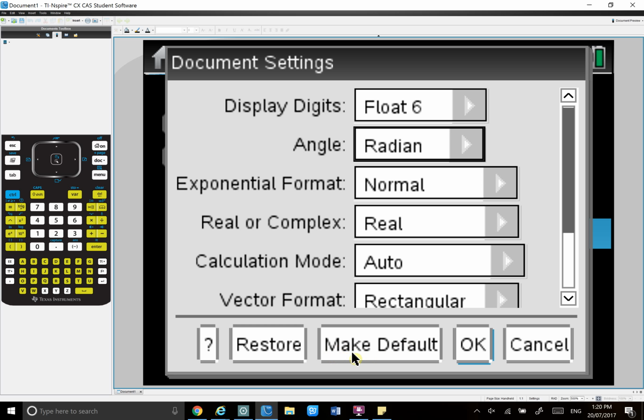There are two buttons, make default or OK. If you make a change and press OK, you only save it for this time. When you turn off your calculator and open it again, you will go back to the original setting. Make default means it is always saved like that. When you turn off and turn on, it will be the same. That's one place you need to change.